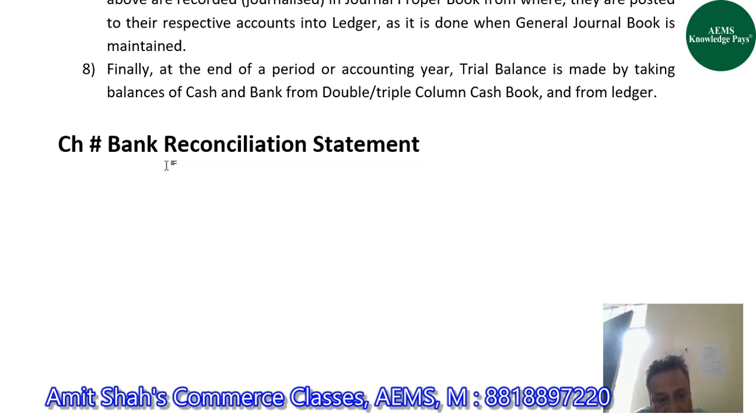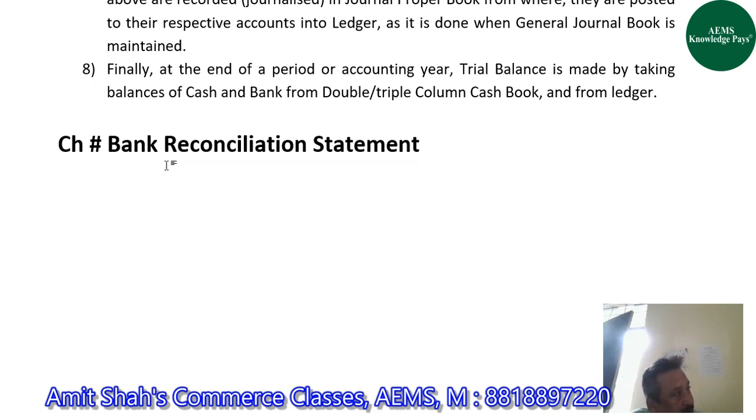And for such a difference, we need to make a statement which is called a bank reconciliation statement. So bank reconciliation statement is mainly prepared by businesses. Banks have nothing to do with that. Every business has to make a bank reconciliation statement at least at the end of every month, right? To find out why the two balances, one in the cash book and one in the bank book, are different from each other.